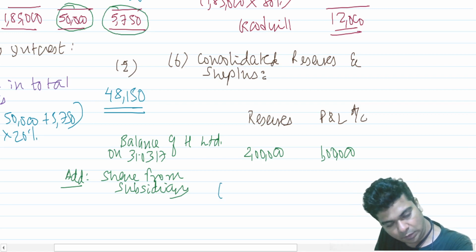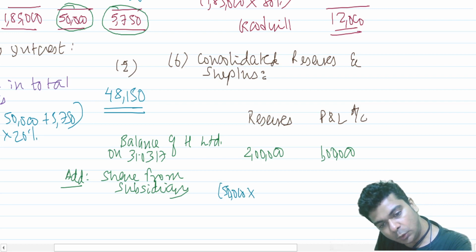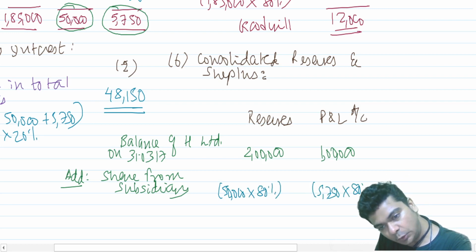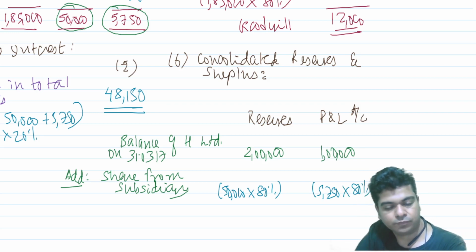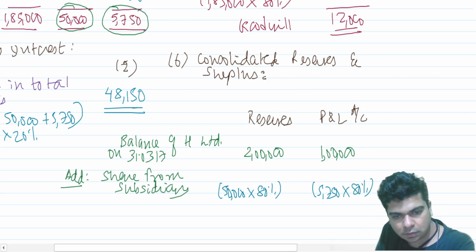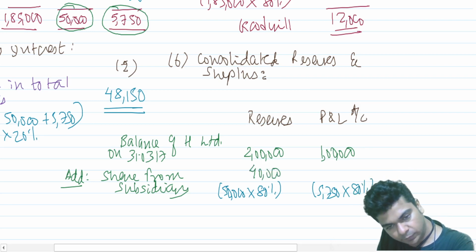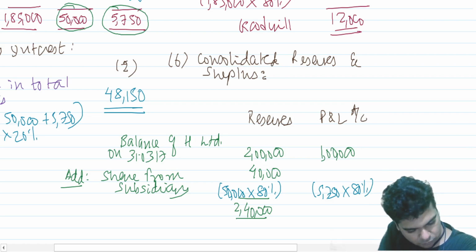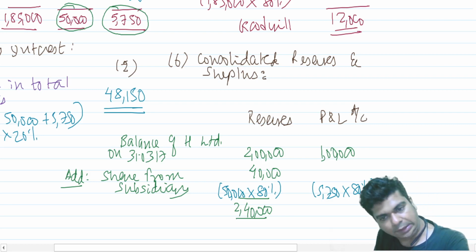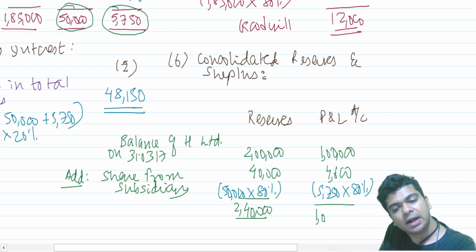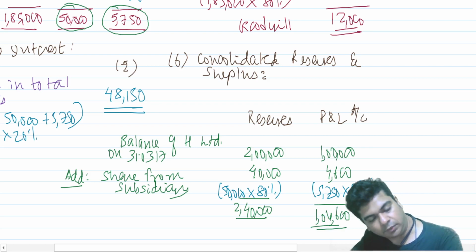So 50,000 into 80%, 5750 into 80%. This is 40,000, so 2,40,000. This is 4,600, so 1,04,600.